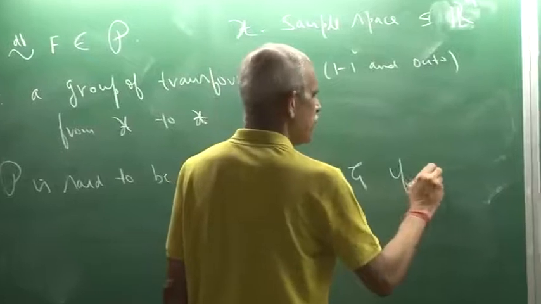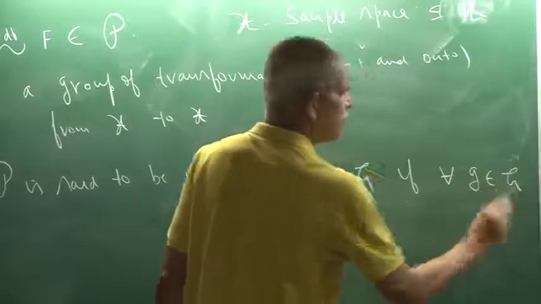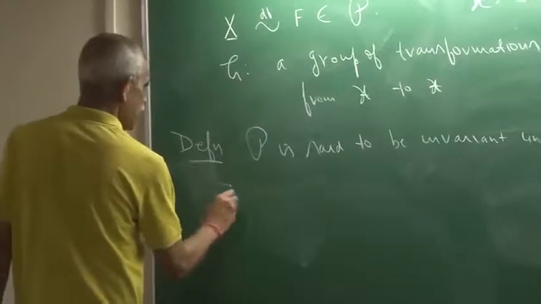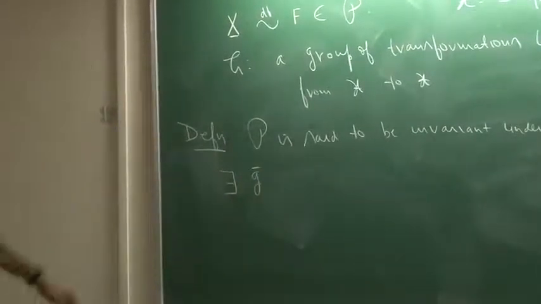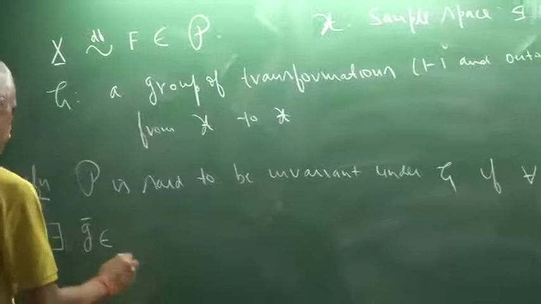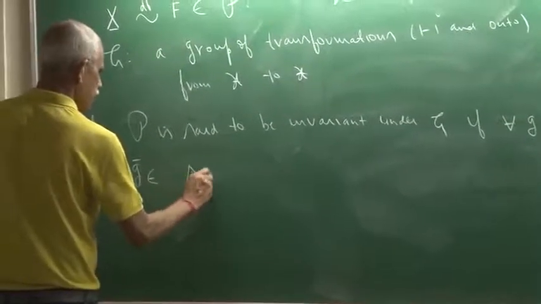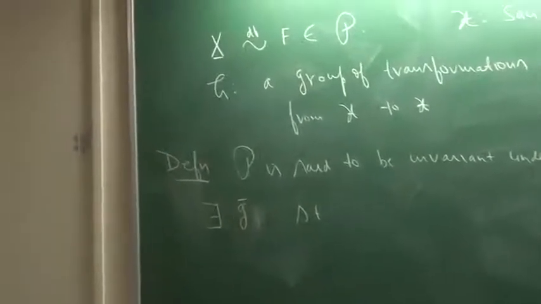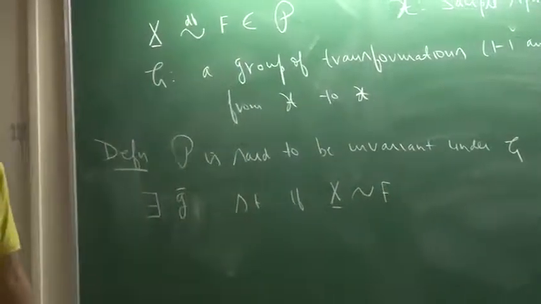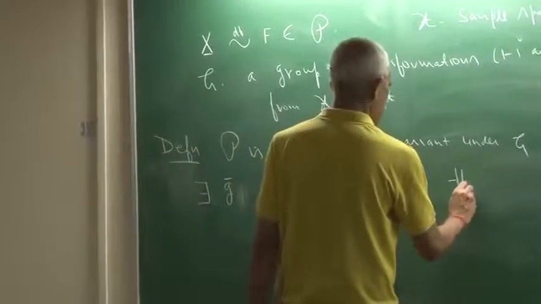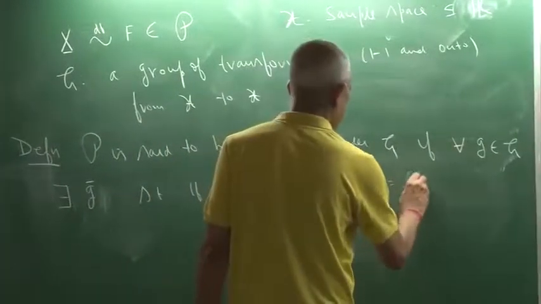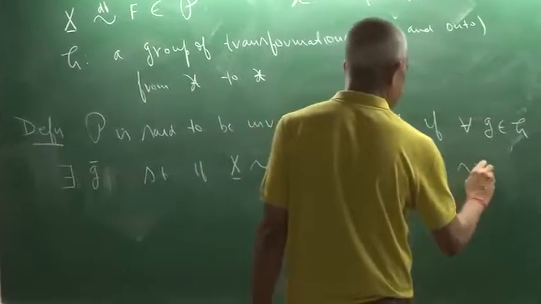if for every g belonging to G, that means if I take any transformation in this G, there exists a g bar such that if x has a distribution function f, then y equals gx has a distribution function g bar of f.